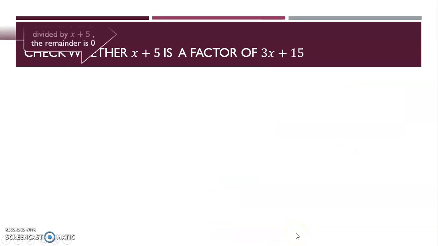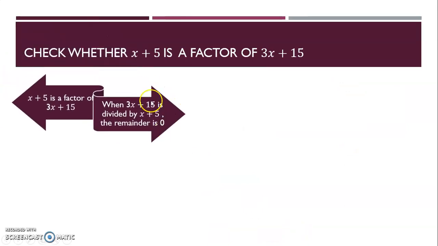So to check whether x plus 5 is a factor of 3x plus 15, all I have to do is check whether the remainder is 0 when I divide 3x plus 15 by x plus 5. If this is true, the factor statement is true. If this is false, it will also be false.